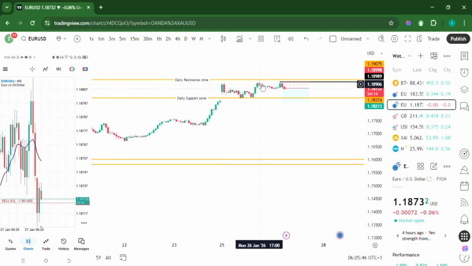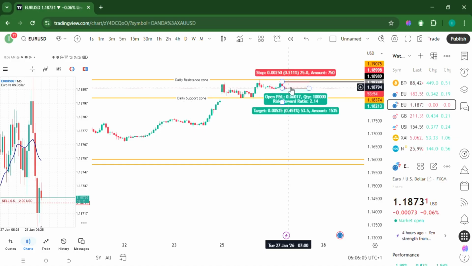That is why we are experiencing this rejection, my bias for this week. And what this is telling us is a potential short setup, which is one of the reasons I am taking this trade.